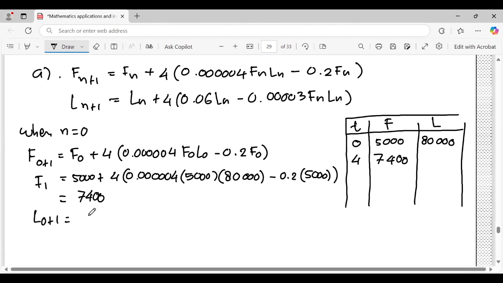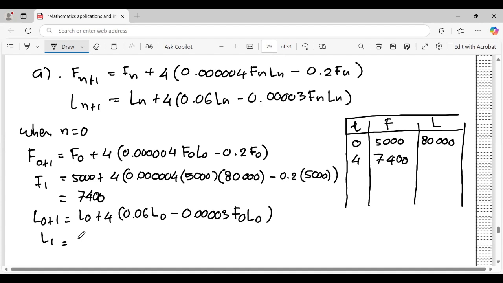Now, L0 plus 1 equals L0 plus 4 times (0.06 L0 minus 0.00003 F0 L0).